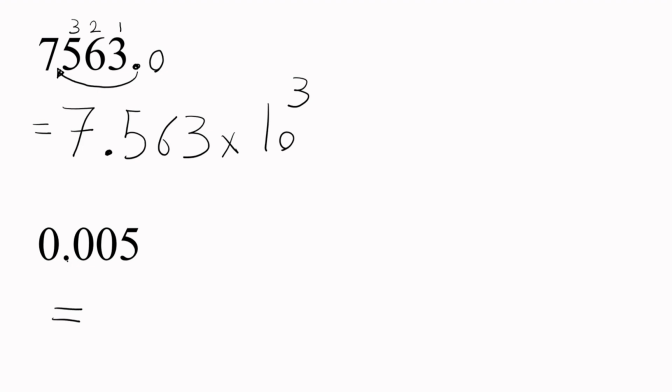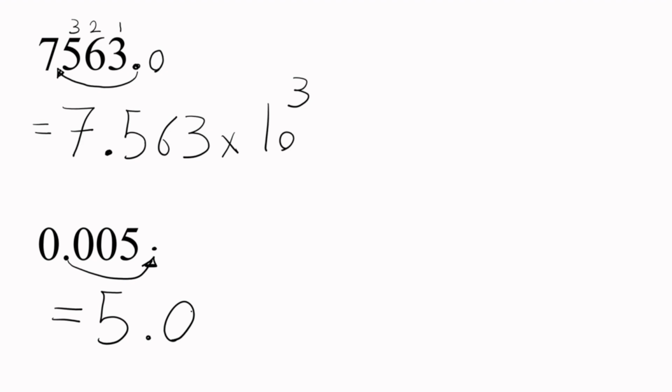Look at the next example. Here is the decimal point. I must move it after the first digit, which is not 0. So I must move it here after the 5. So I can write 5.0. Should I write 5.0? It's up to you. I usually do not write that.